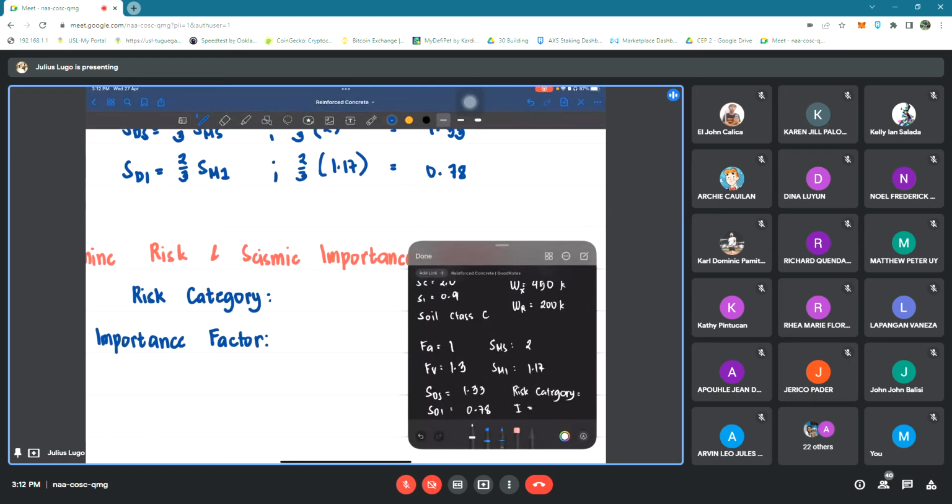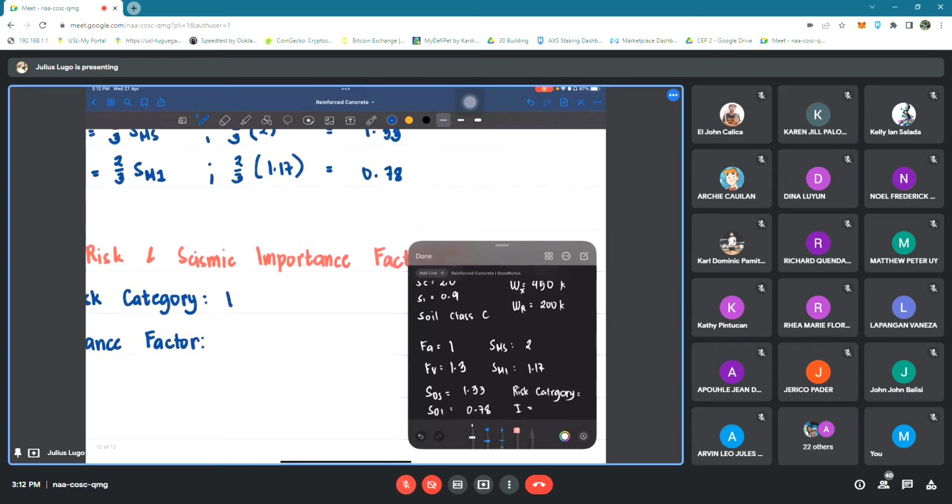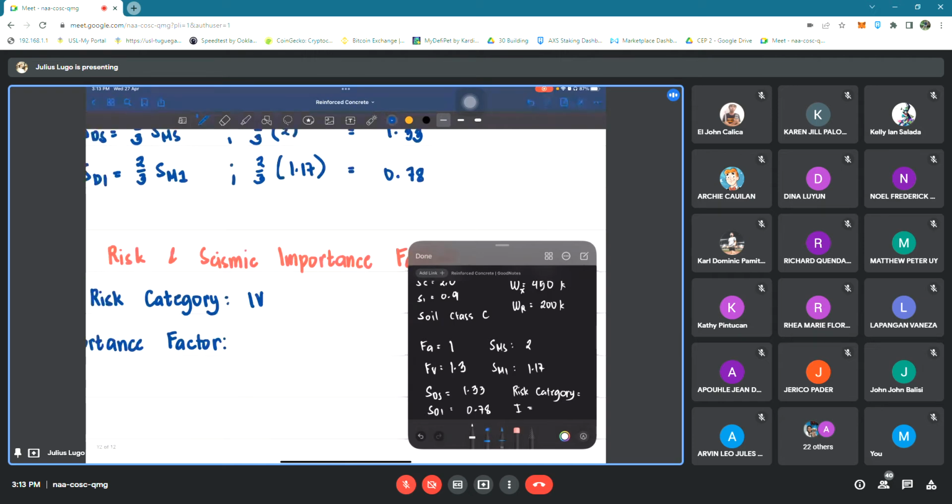Four. Please know that a hospital should function during and after an earthquake. So it is important that the structure is stable siya and kumbaga risk-free. Okay, so risk category 4.